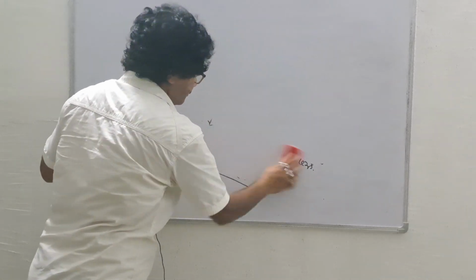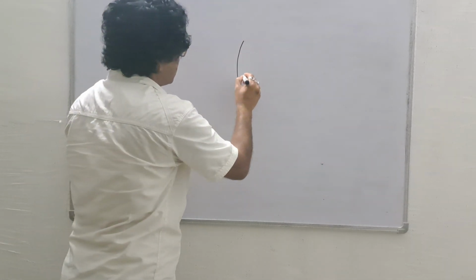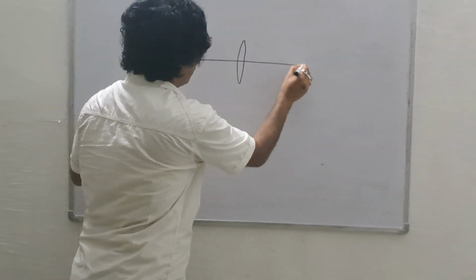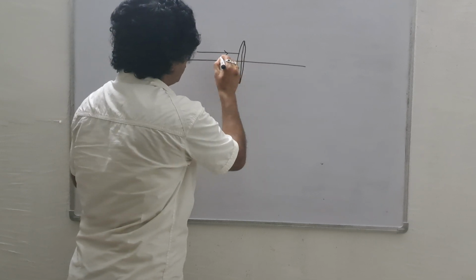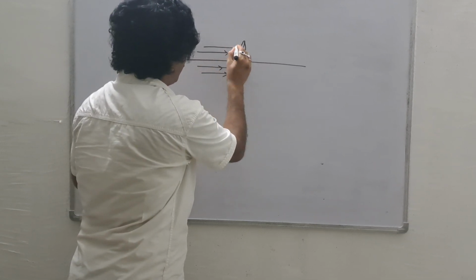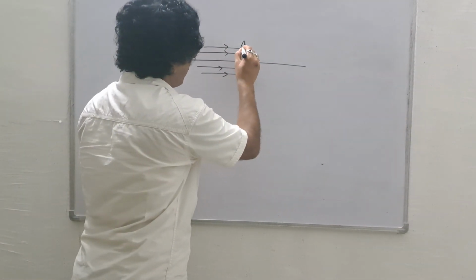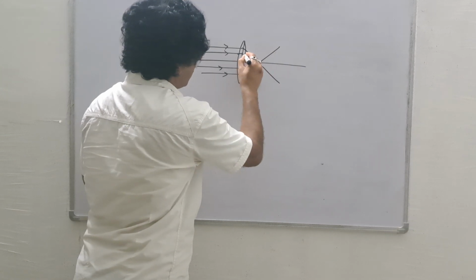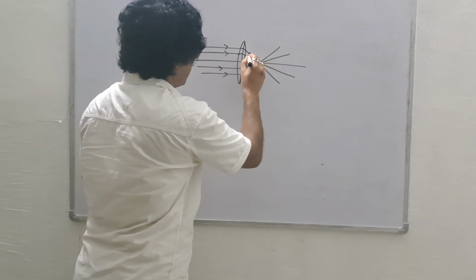Now, this is a convex lens. Rays of light are incident to this convex lens parallelly. All these rays are parallel, and after refraction what will happen? The rays are meeting at a particular point.